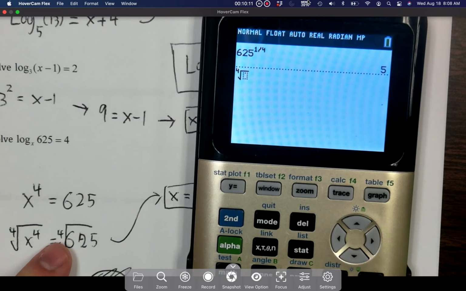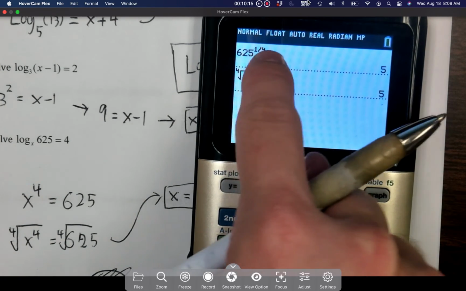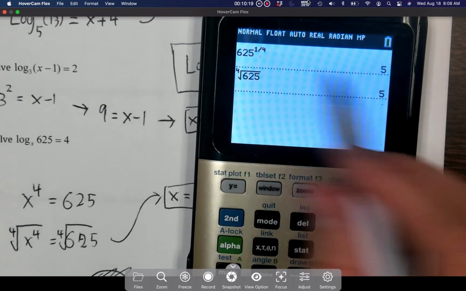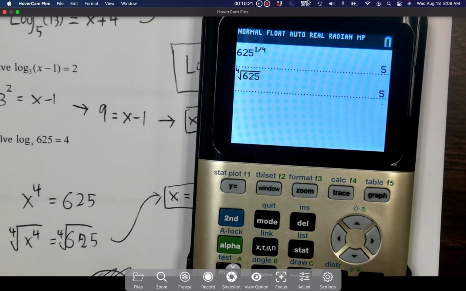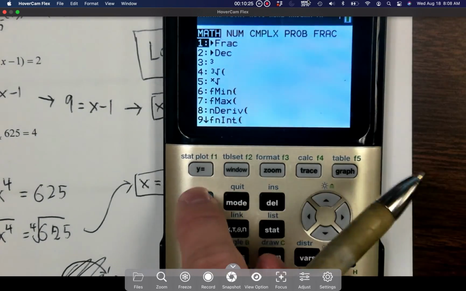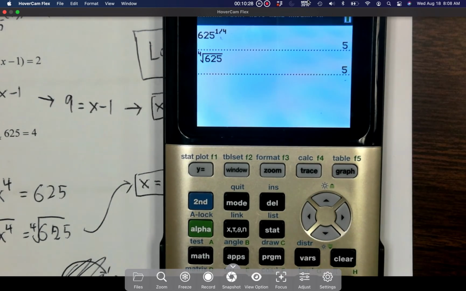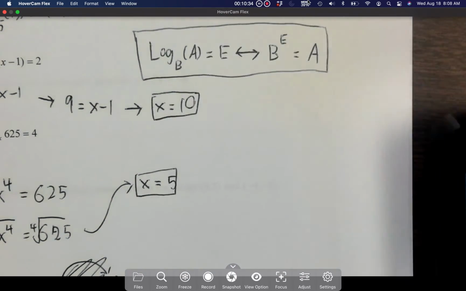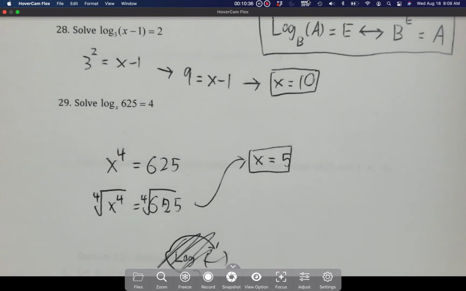So I want the fourth root of 625. Now, the reason I've started doing this more is because if you end up taking calculus, this exponent rule ends up being more valuable to you to have memorized. And also, to me, I'm not digging into a menu, selecting my correct answer. I'm just saying, okay, I know that I want the fourth root. Fourth is a fraction, so it's a fractional exponent. But it's your choice.